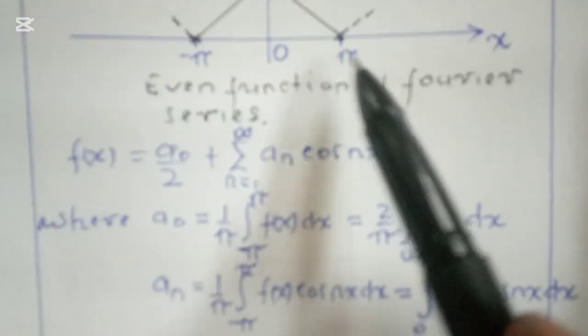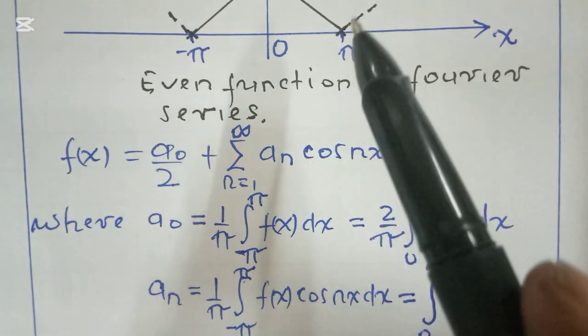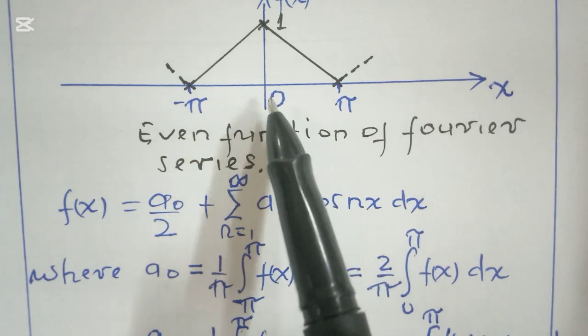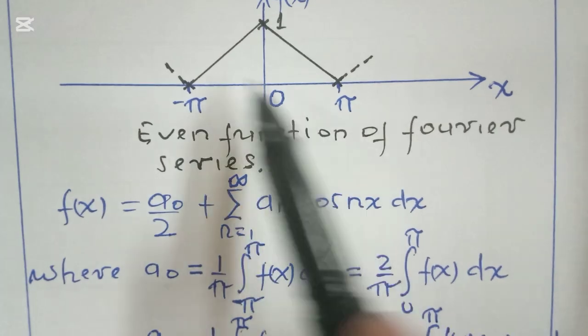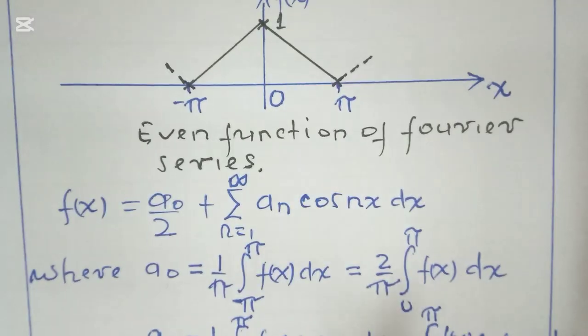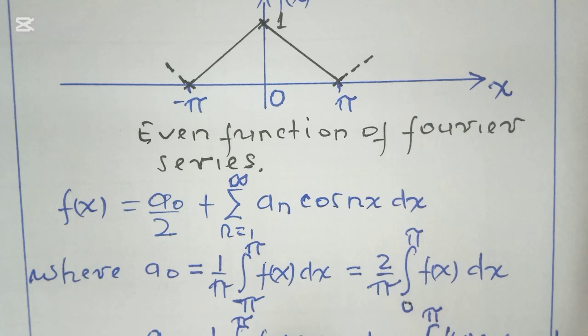But now if you calculate from 0 to pi, you have to multiply by 2. And this is better because you don't have to do 2 times. So now guys, we use this equation.